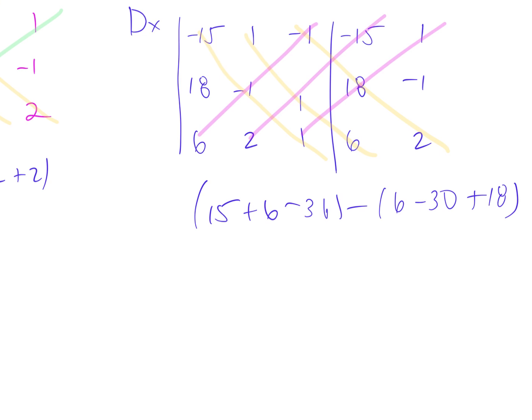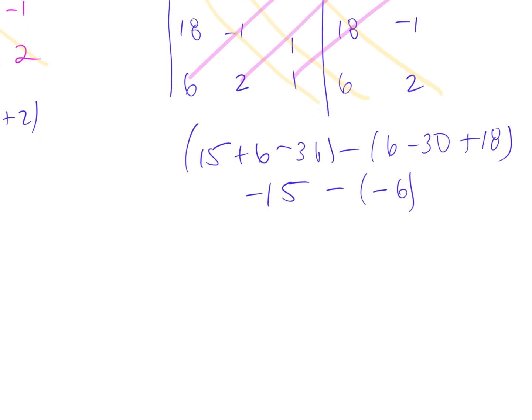So 15 plus 6, 21 minus 36. Negative 15, good. Minus 6 minus 30, negative 24, plus 18. Negative 6.